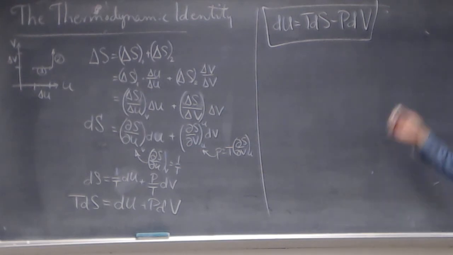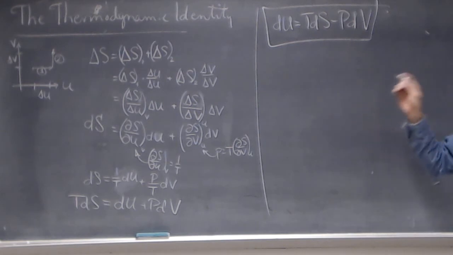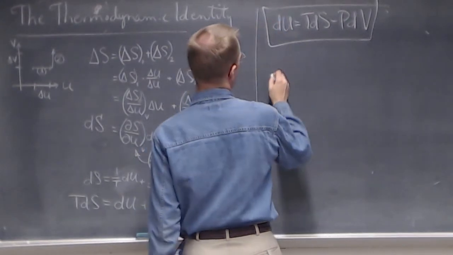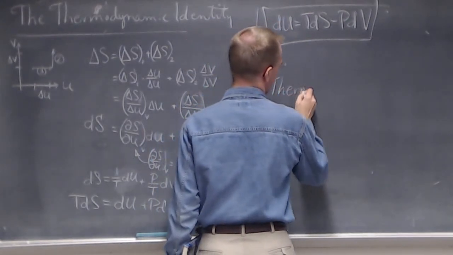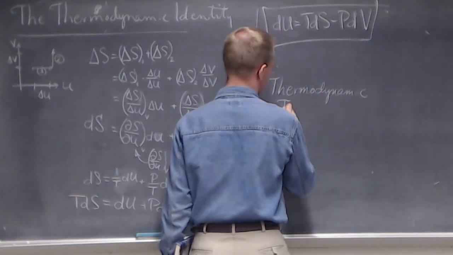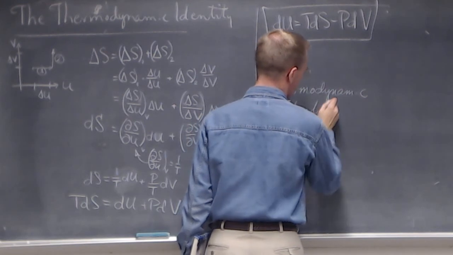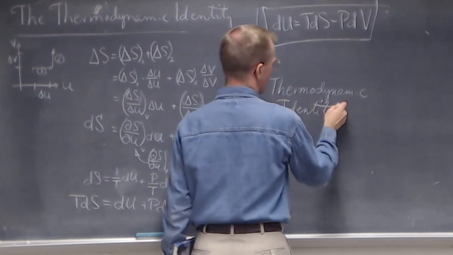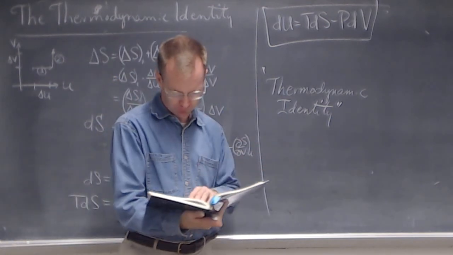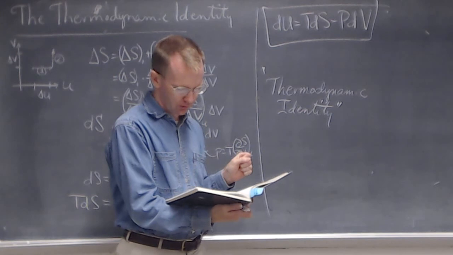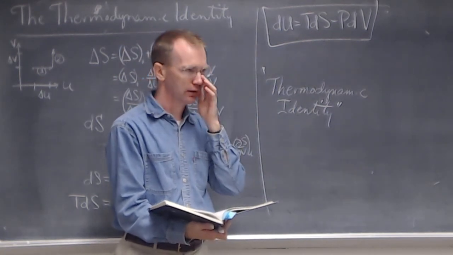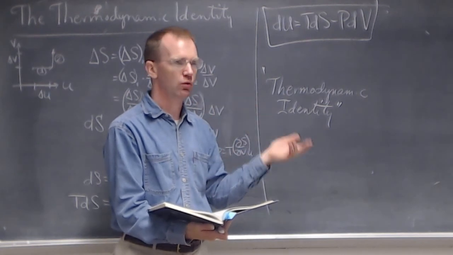And that is a really simple, straightforward, and incredibly useful equation called the thermodynamic identity. What's going to be especially useful about it very soon is that PdV, or negative PdV, is, in many cases, mechanical work.